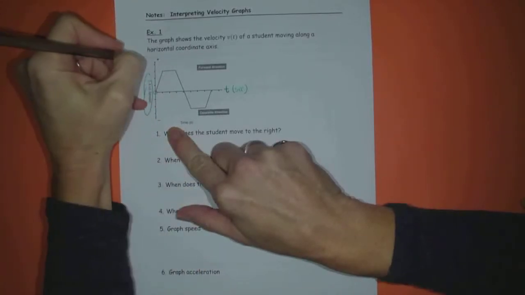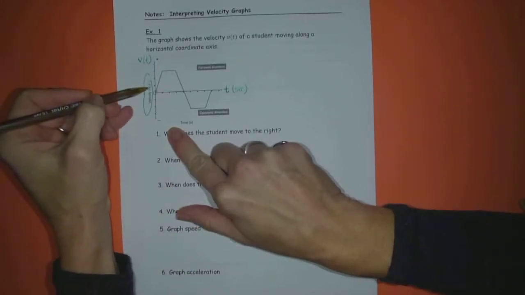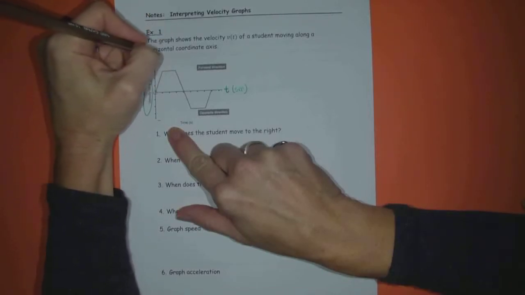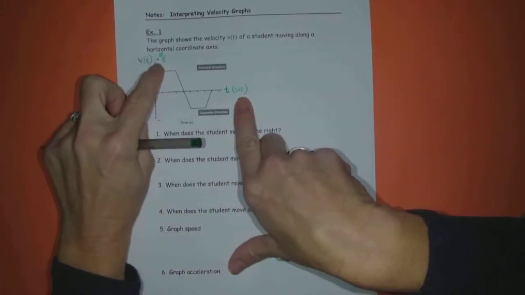So this is going to be v of t. And velocity, you can see here in very small print, it says meters times seconds to the negative first. Well, if you take s to the negative first down to the bottom, you're going to have this velocity measured in meters per second. So seconds versus meters per second.